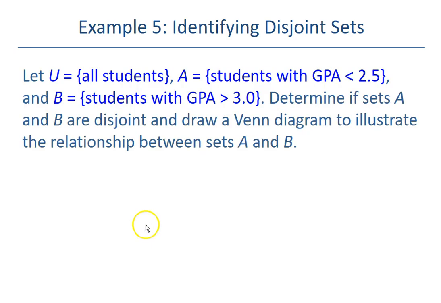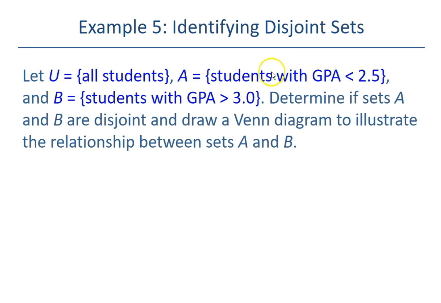Okay, so let's take a look at this one here. This is set U, the universe, all students. Set A, students with a GPA under 2.5. And then set B, students with a GPA over 3.0.